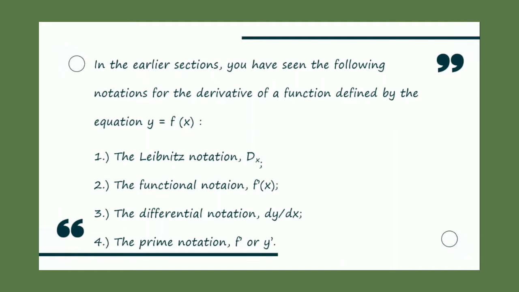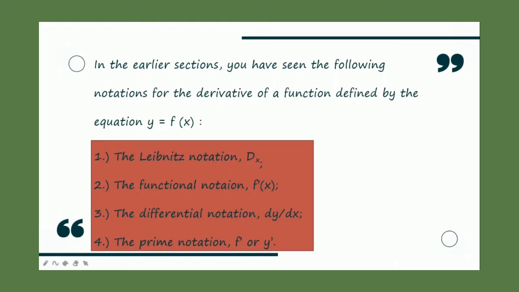As you read other advanced mathematical references, you will encounter other ways of denoting a derivative. However, for the sake of brevity, we shall dwell only on using the four aforementioned notations.